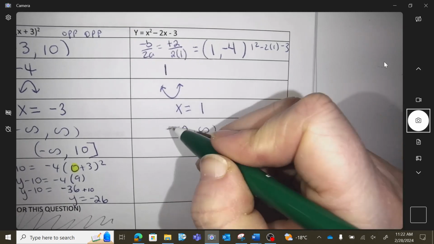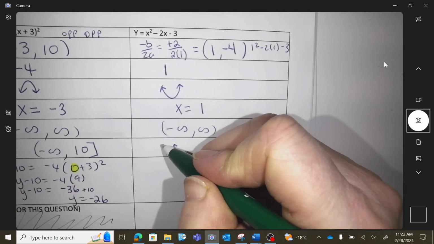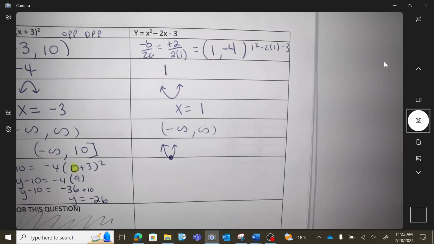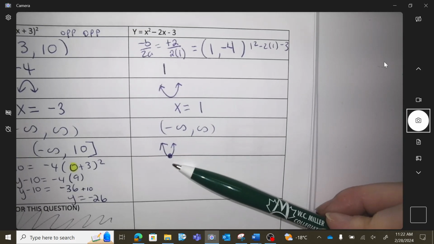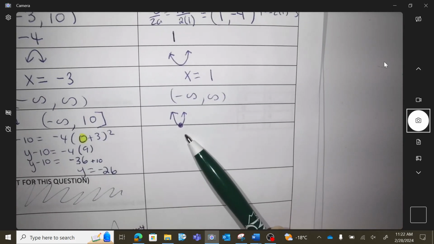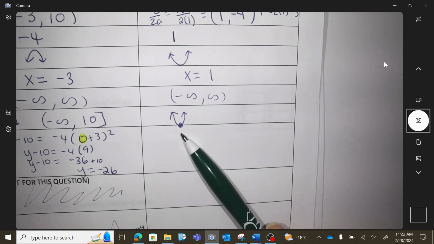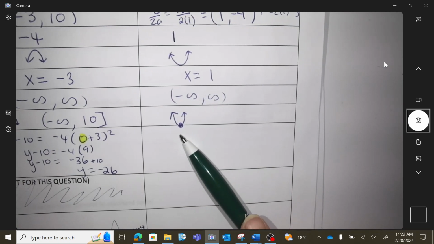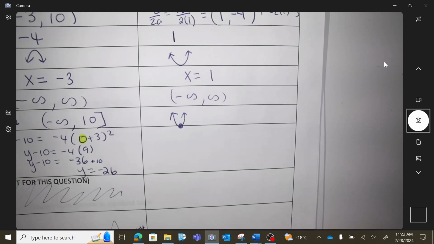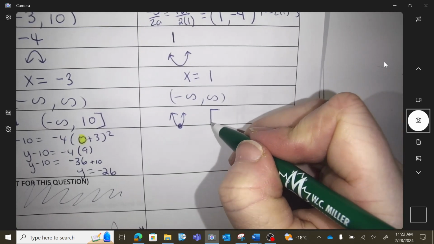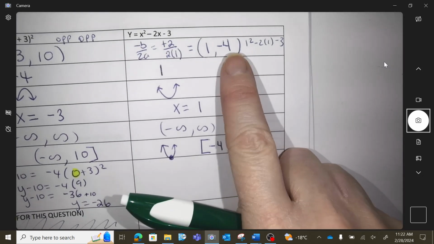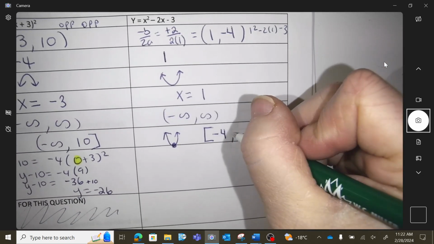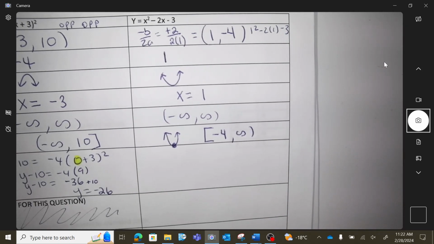Domain, same. Range, so now are you visualizing it looking like this? So the lowest would be some kind of value, which is what height? And I'm picking -4 because that's the height. Up to infinity.